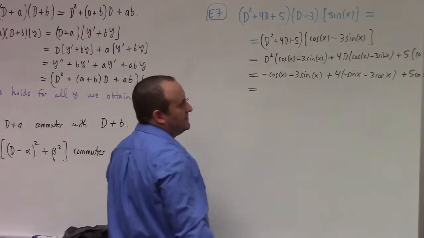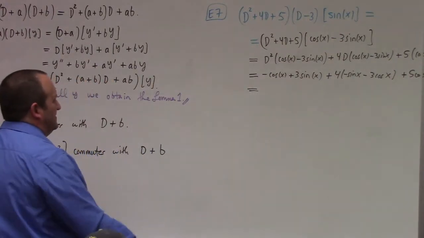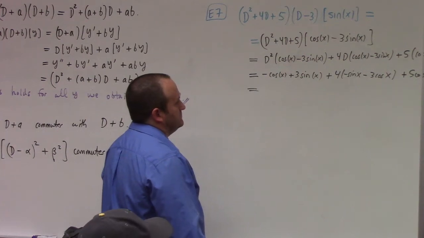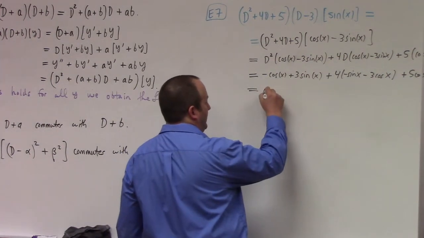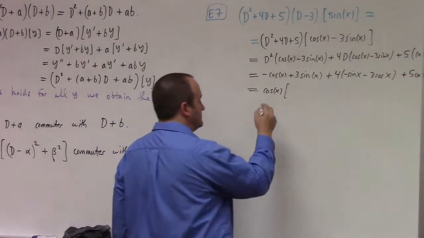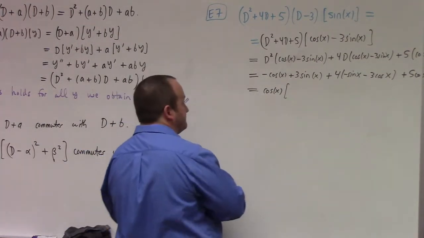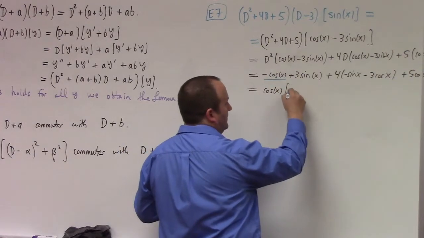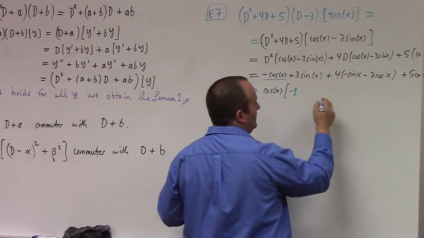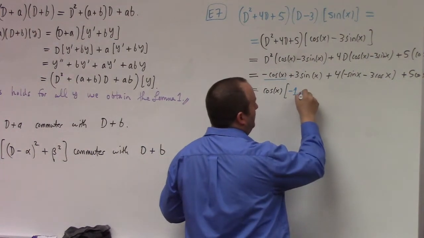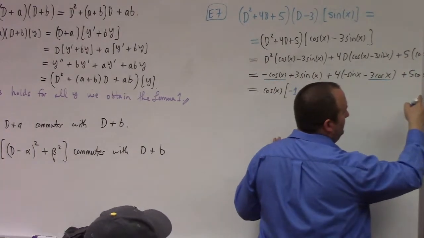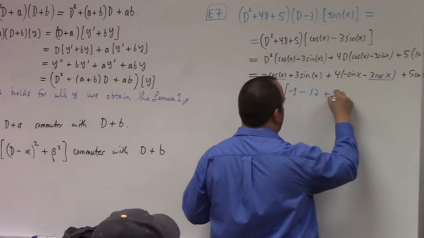All right. What does that give us? Let's collect our work together. We got a cosine of x. How many of those do we have? Minus one of them here. Minus 12 from this one, and then plus 5. That's minus 8.